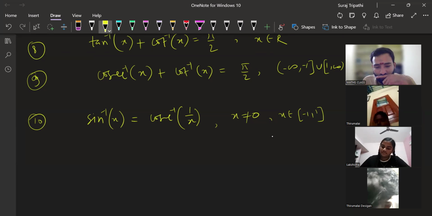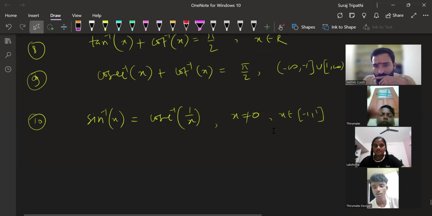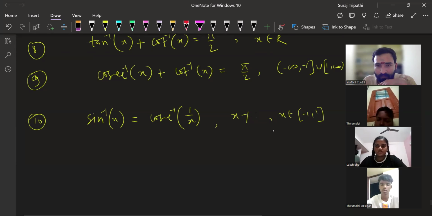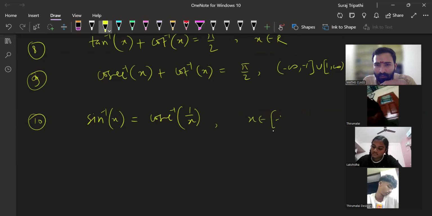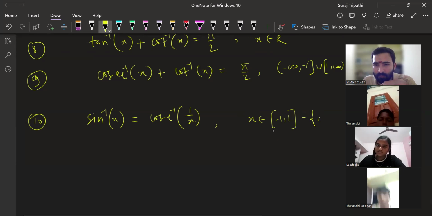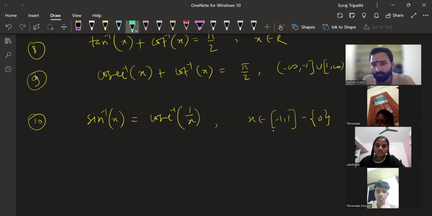So you can also write x belongs to minus 1 to 1 but not 0. x cannot be 0 because this 1 upon x will become undefined.